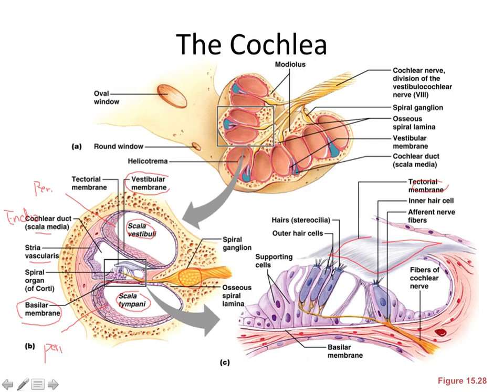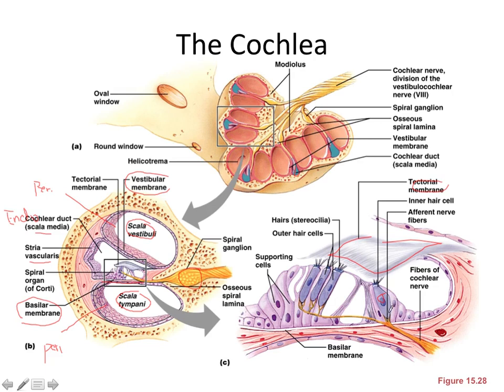The hair cells are distributed in different locations. The outer hair cells are located on the peripheral side, whereas on the central side we have the inner hair cells.